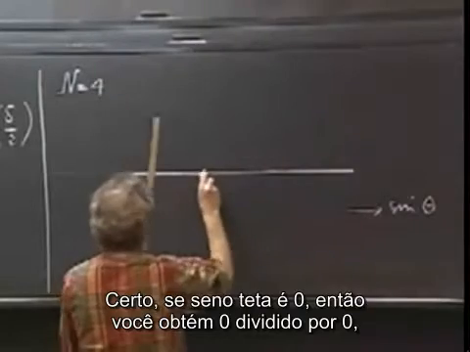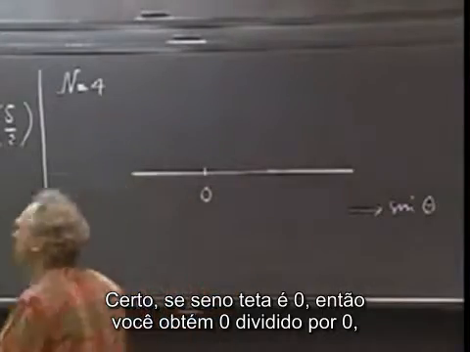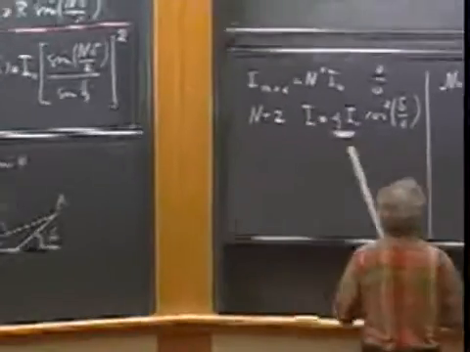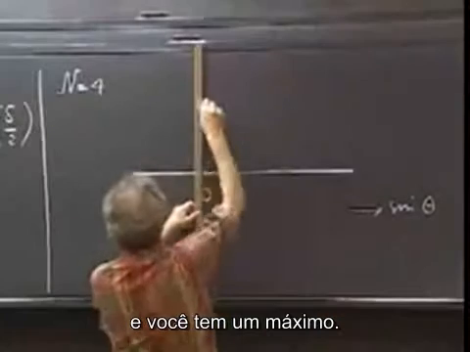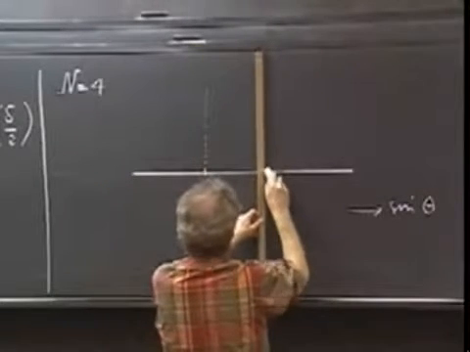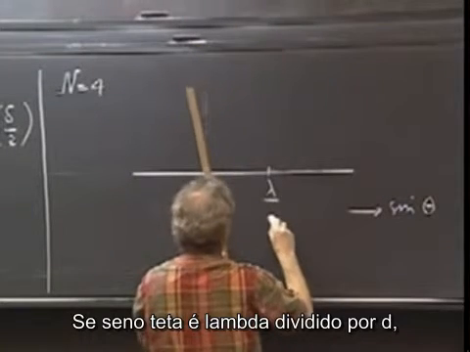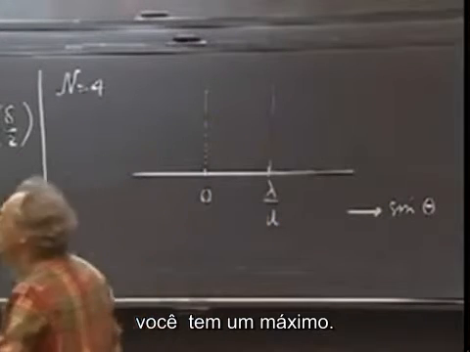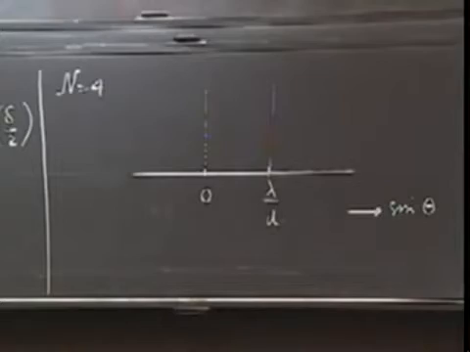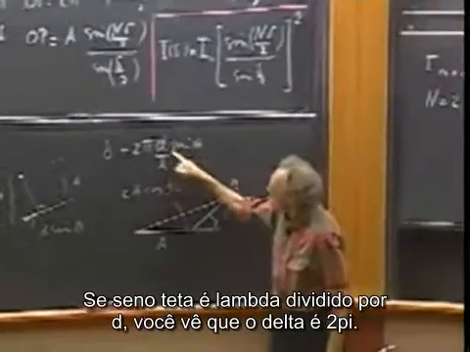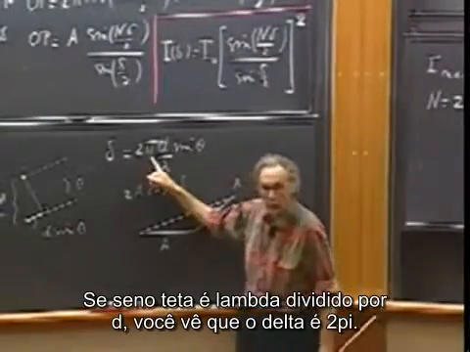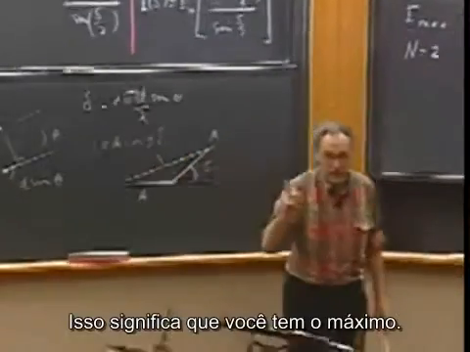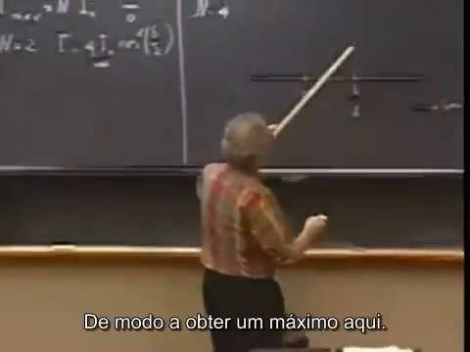All right, if sine theta is 0, then you get 0 divided by 0, and you're going to get a maximum. If sine theta is lambda divided by d, you're going to get a maximum. If sine theta is lambda divided by d, you see that delta is 2 pi. That means you get a maximum. So you get a maximum here.